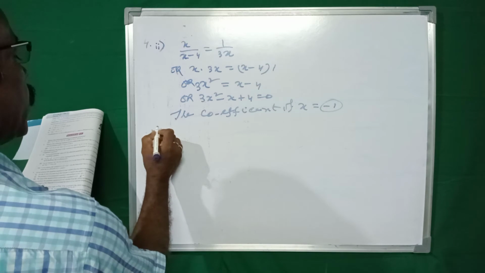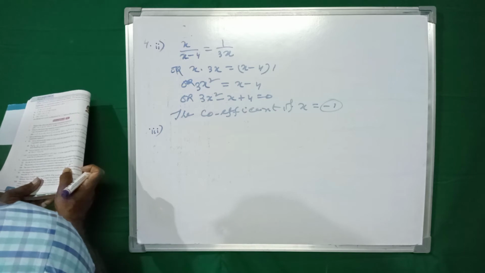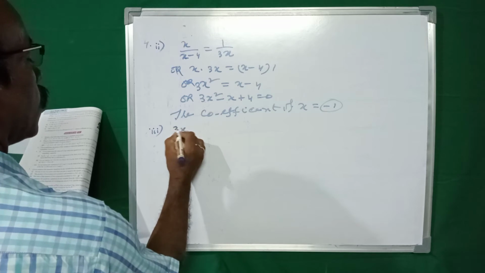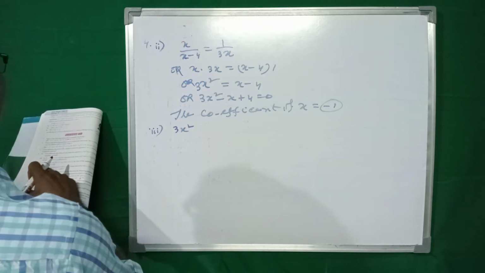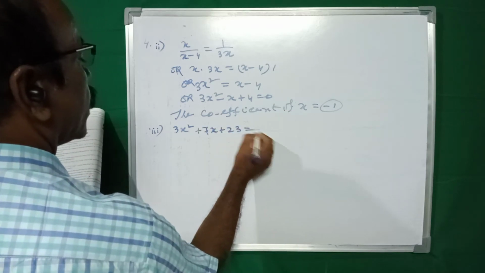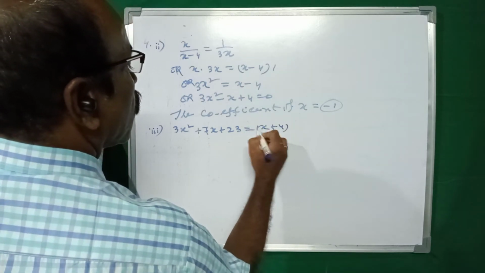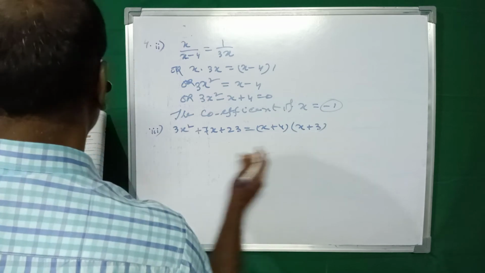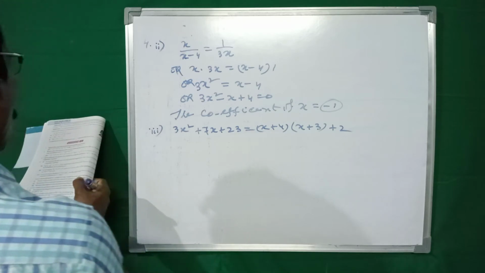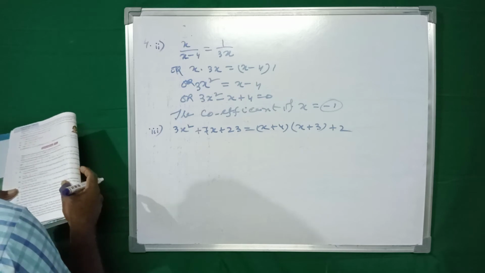Now in the third question, let us express 3x square plus 7x plus 23 is equal to x plus 4 into x plus 3 plus 2 in the form of the quadratic equation ax square plus bx plus c.